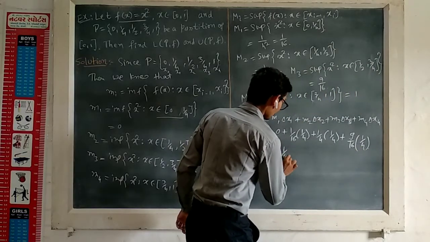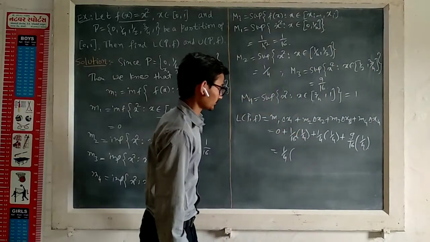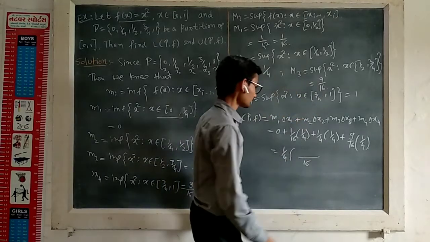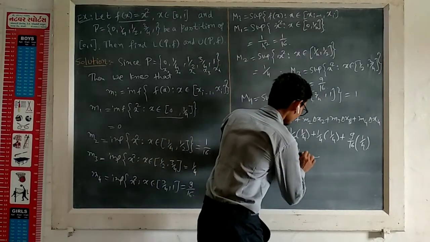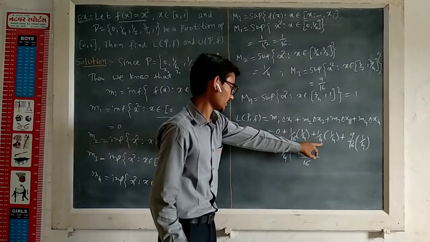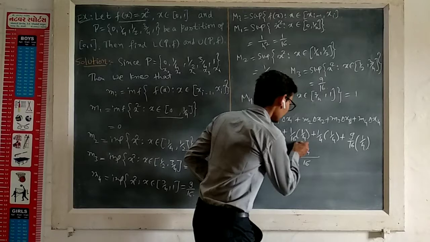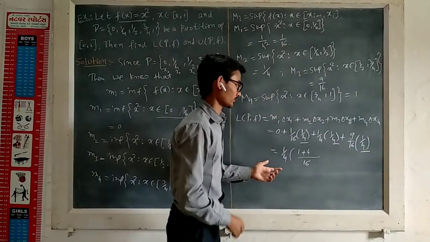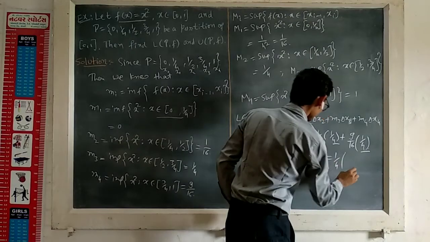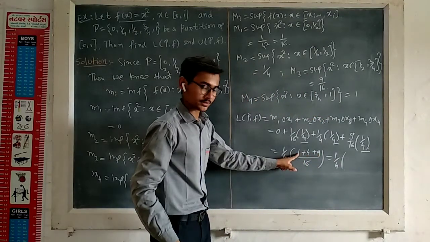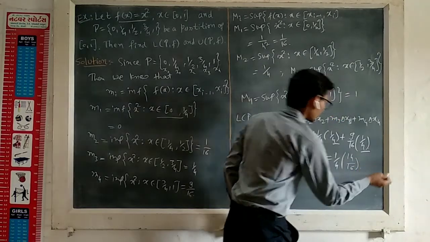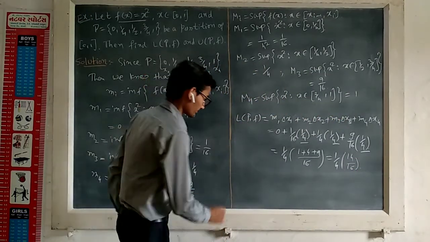So 1 by 4 is common. LCM is 16, and this one is 1. Multiply by 4 because the LCM is 16. Now plus 9. So the answer is 1 by 4 into 9 plus 1 is 10, 10 plus 4 is 14, divided by 16. This is our answer. This is our LPF.